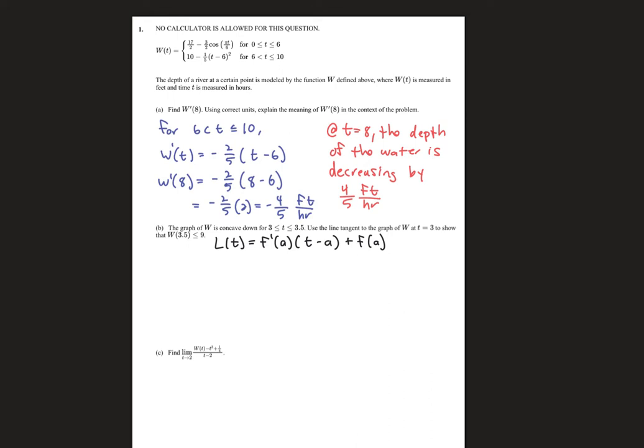For us, in this function, it'd be L of T equals. We're approximating at T equals 3, so in the piecewise function, we'll be using the one with cosine above, since that applies for values between 0 and 6, and 3 is in that interval. So we'll really be doing W prime at 3 times T minus 3, plus W at 3.